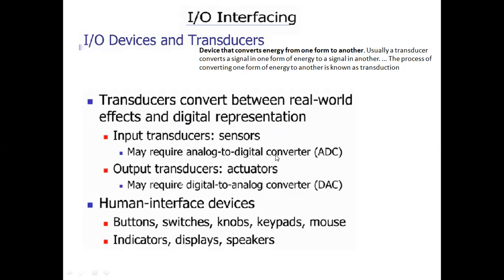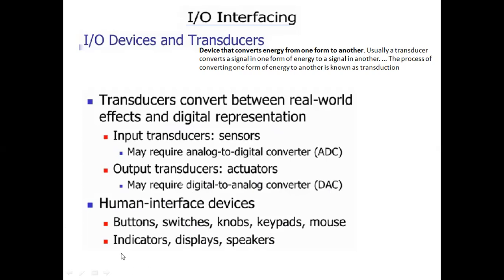We also have some human interface devices, so as to have the means of communication between the man and the machine, or the computer and the operator. For that I can go for the use of buttons, switches, knobs, keypads, mouse, etc. These are nothing but the input devices.